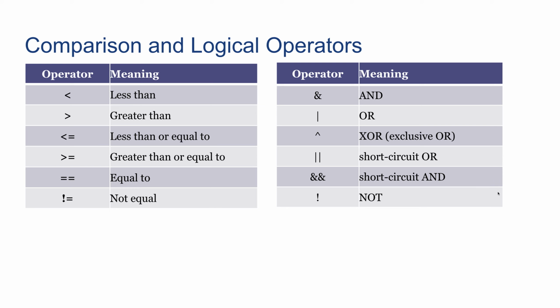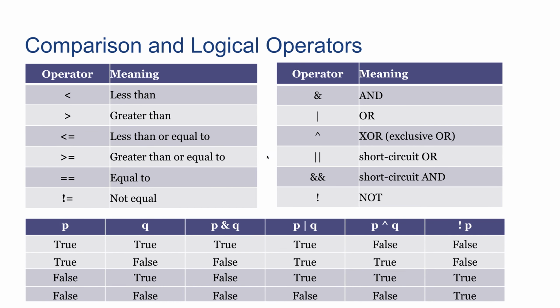So let's see a truth table on this. The relationship between two Boolean values, let's say P and Q. If P is true and Q is true, P and Q is also true. If any of them is false, P and Q is false.